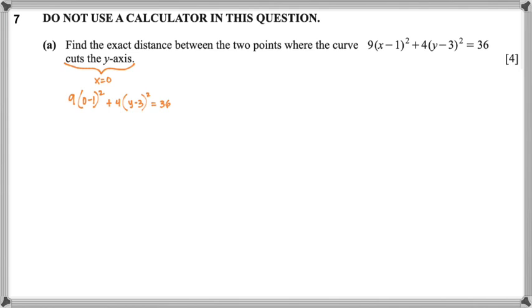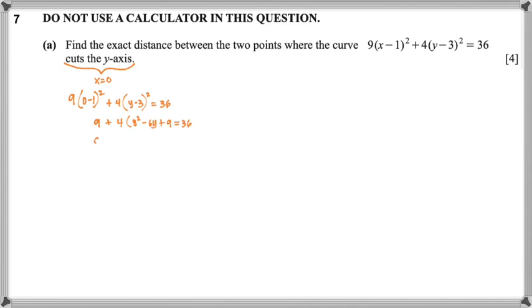So 9 times 1 is 9. So we get 9 plus 4, and expanding this one, we get y squared minus 2 times y times 3, so minus 6y plus 9, is equal to 36.